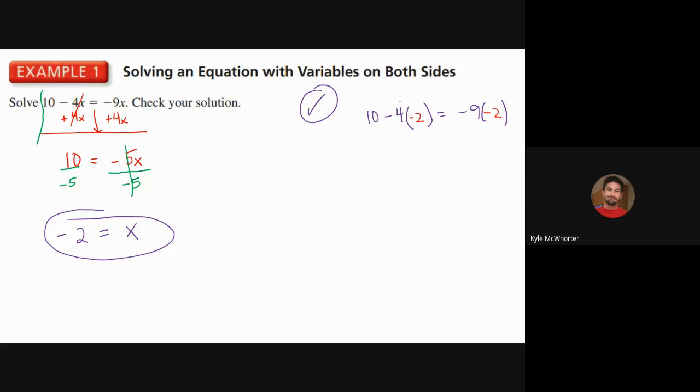Okay, so 10 minus 4 times negative 2, that's going to become 10. Now we're doing negative 4 times negative 2, so that becomes positive 8. And then on the other side, negative 9 times negative 2 is positive 18. And 10 plus 8 equals 18, so we are happy.